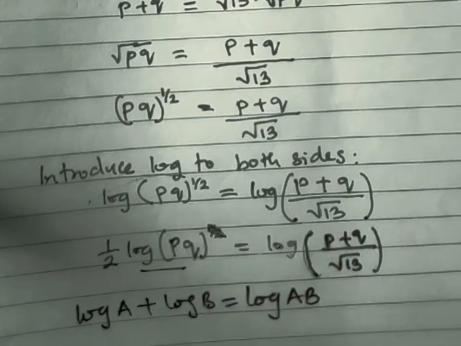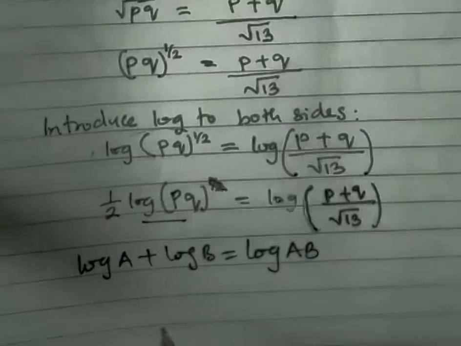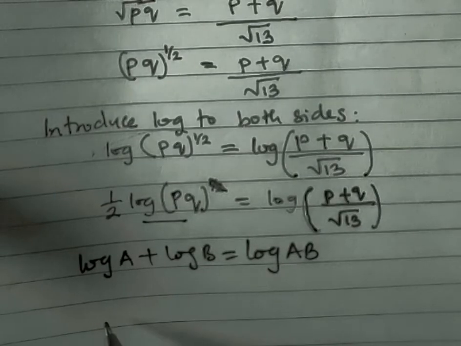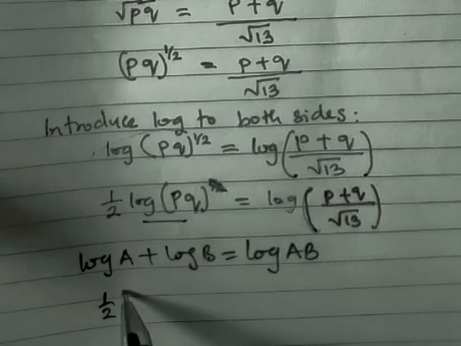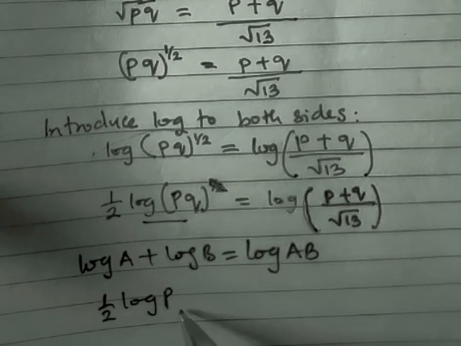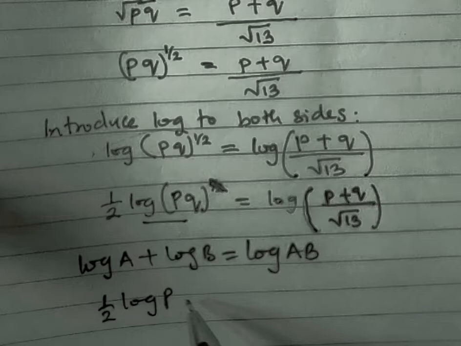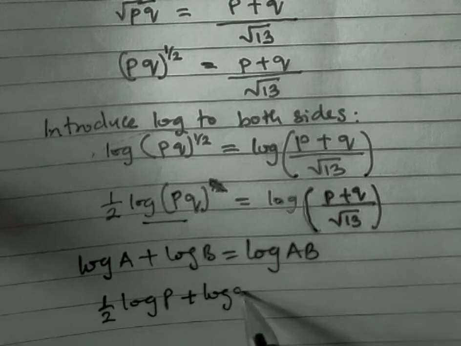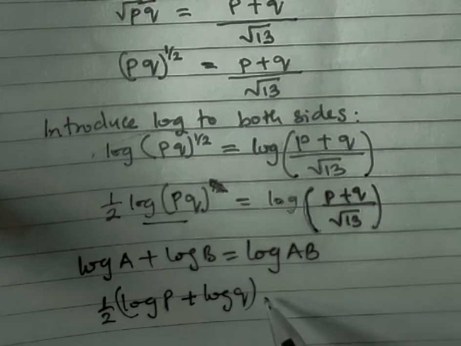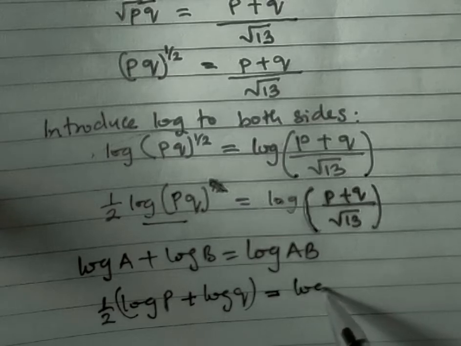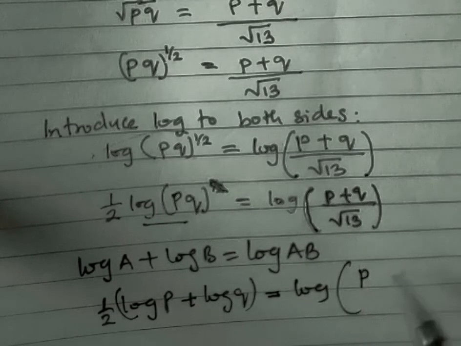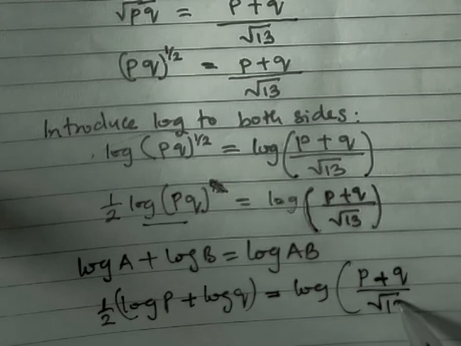So this can be written as 1 over 2 (log p plus log q) equals log of (p plus q over root 13).